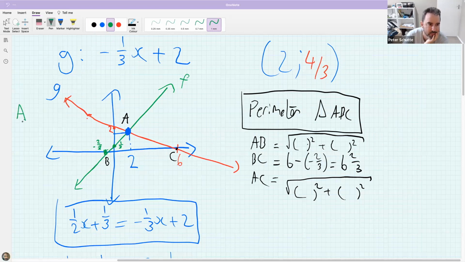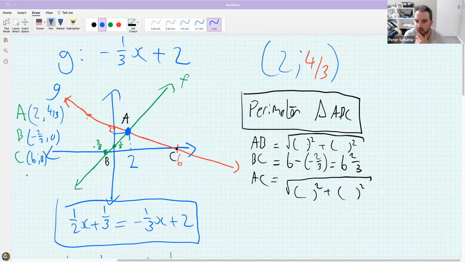If we want to make life easier, we can actually write down the coordinates of the points. So A is just 2 and 4 over 3, so that's already been done. B's point is minus 2 over 3, 0. And C's point is 6, 0.